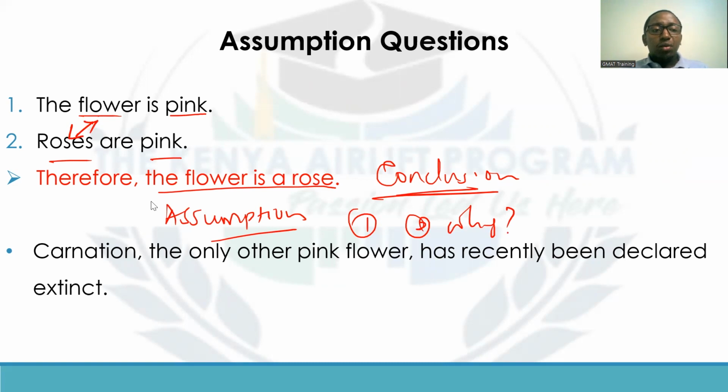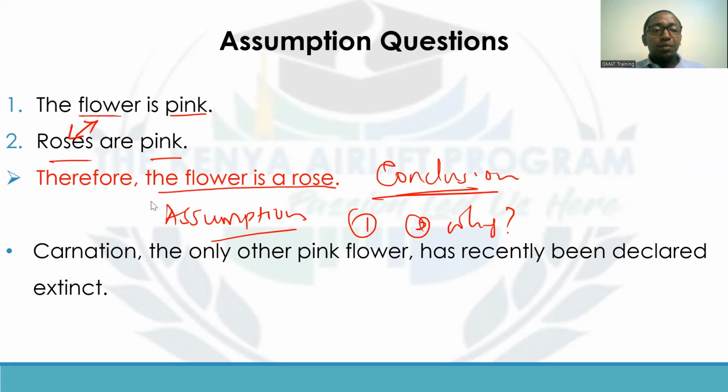And then you go to your answer choices and you find such an answer choice: carnation, the only other pink flower, has recently been declared extinct. Because we're talking about roses, you may think that this is out of scope. But again, just think if this affects the conclusion at all.